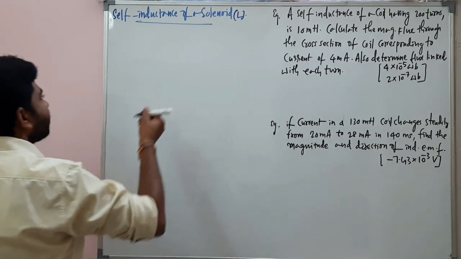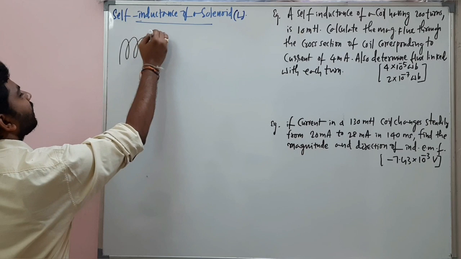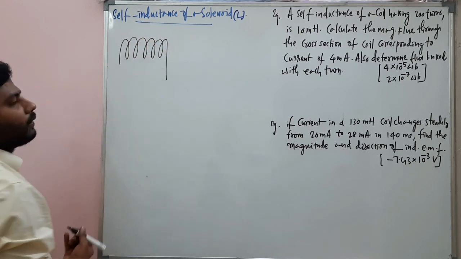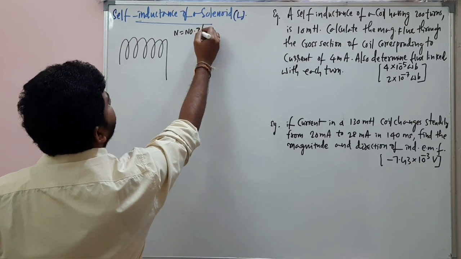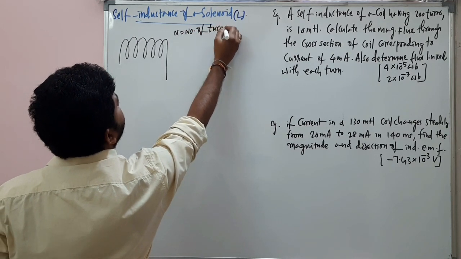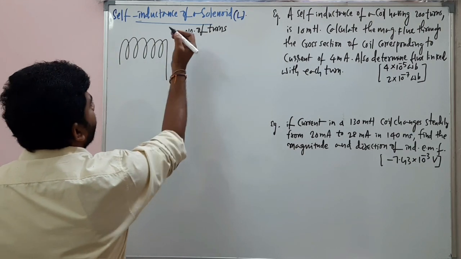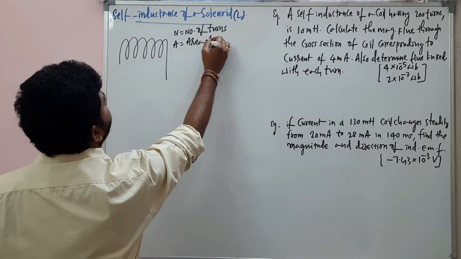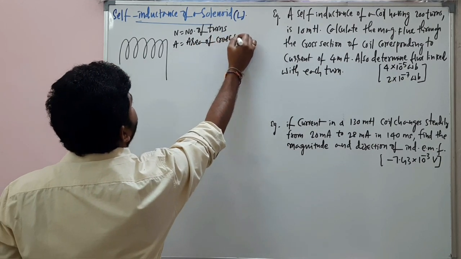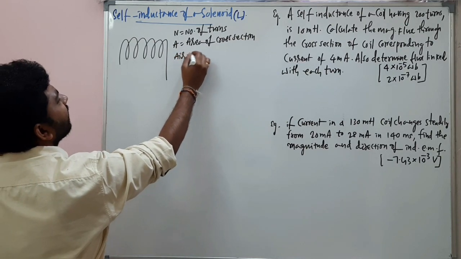So let me draw a solenoid here. This is the solenoid picture. This solenoid has capital N number of turns, and the area of cross section is A. If you carefully see, the solenoid is air core.